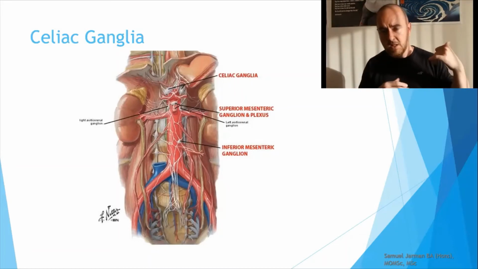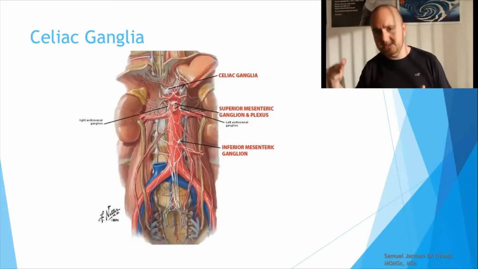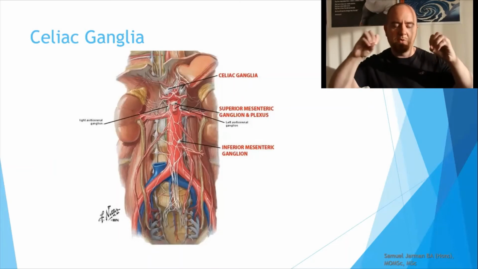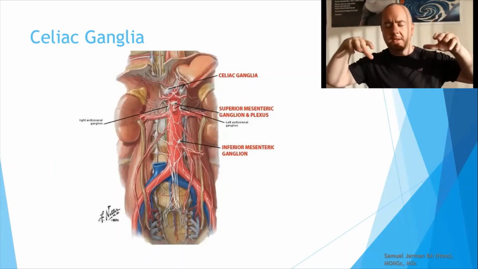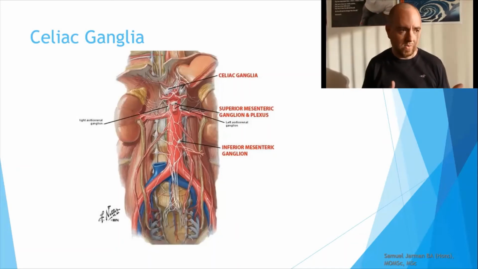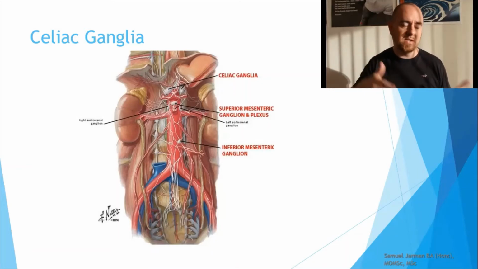So the liver, the gallbladder, the stomach, the pancreas, the spleen, and the first portion of the duodenum. Those fibers all follow the arteries that branch off of the celiac trunk, and they are also going to generate plexi, mixing with the vagus nerve.